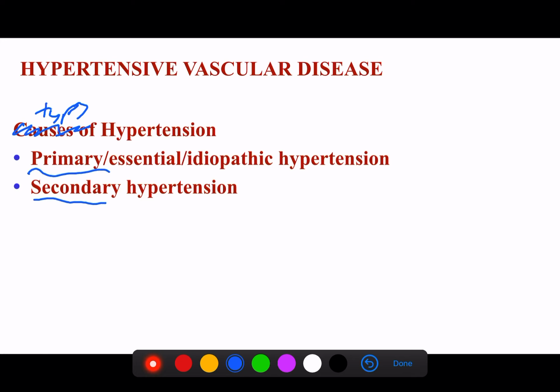The primary hypertension is also called idiopathic hypertension or essential hypertension. Idiopathic or essential hypertension accounts for about 95% of hypertensive patients. The secondary is only 5%.